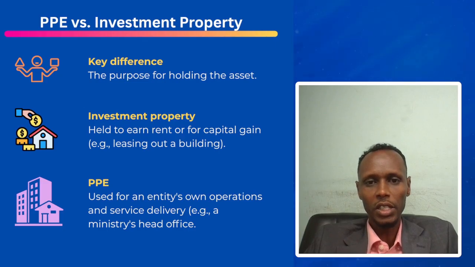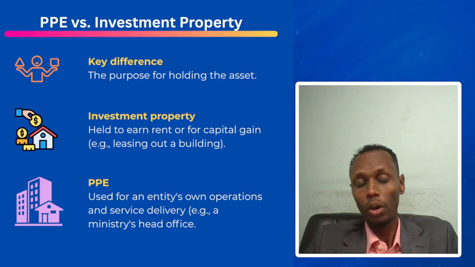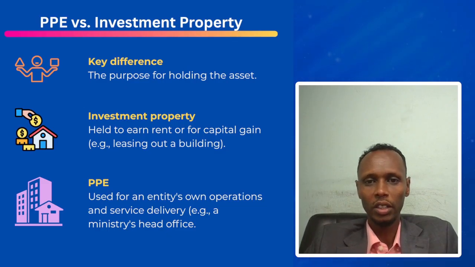But if a ministry uses a building it owns for its own administrative offices, that same kind of building becomes PPE. Its purpose is to help deliver a public service. So just ask, are we using it for our own operations or are we holding it to earn money?